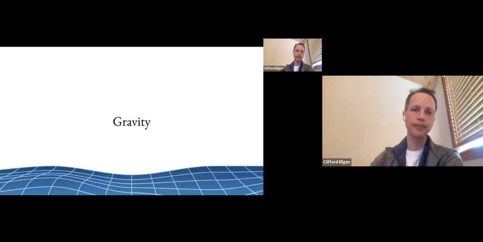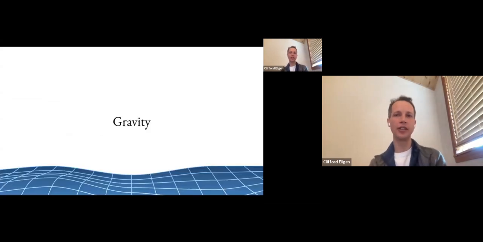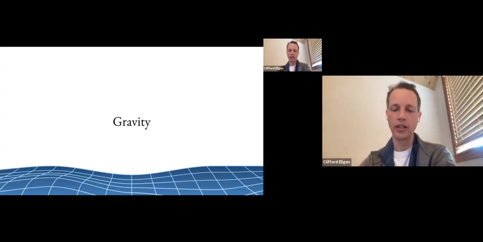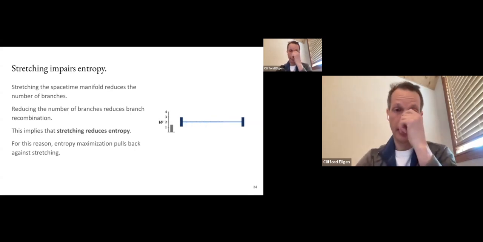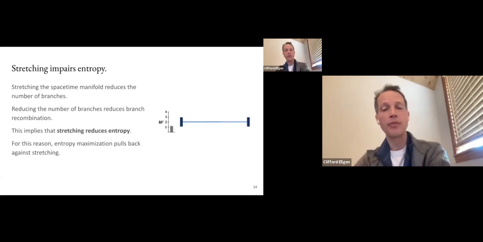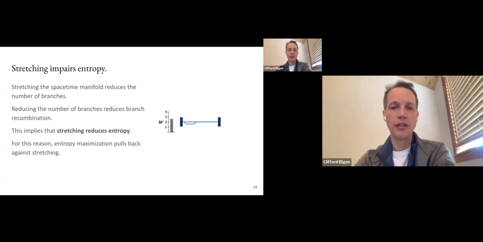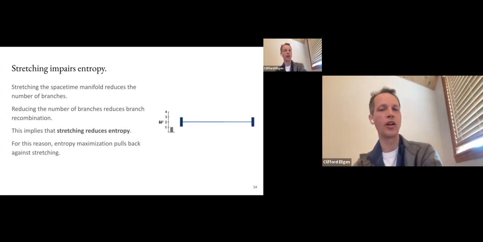type of region. It turns out the easiest dynamics to derive from this is gravity, certainly the most intuitive in this picture. We remember that we have a branch spacetime manifold with a conserved branch weight. And so if we return to our one-dimensional branched toy model, as we pull these handles away from each other, the branch weight goes down.